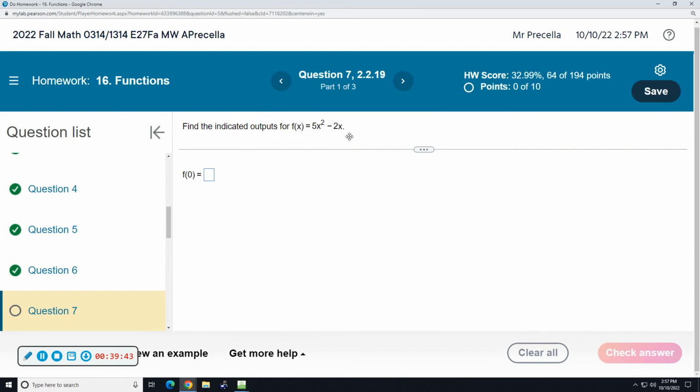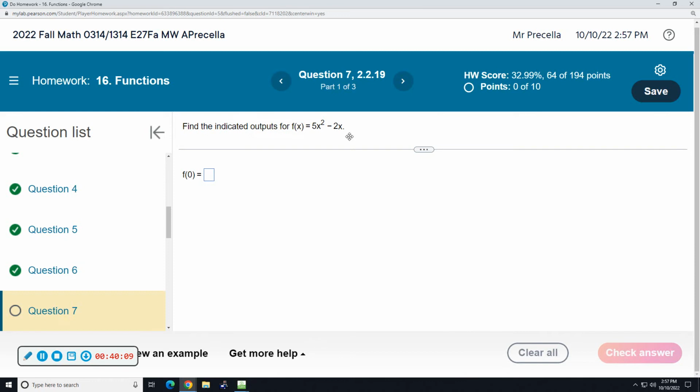This is abstract thought. Look at what they're asking for. They want us to find f(0). That's f of 0. To find f of 0, the number in the parentheses is going to be the new x value.